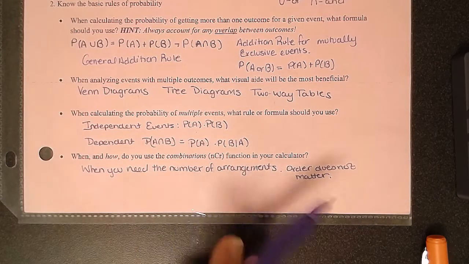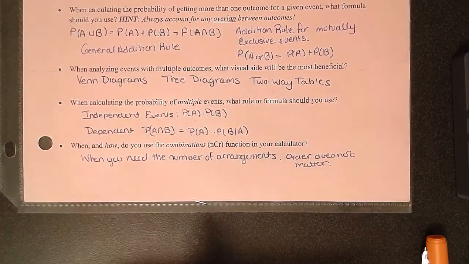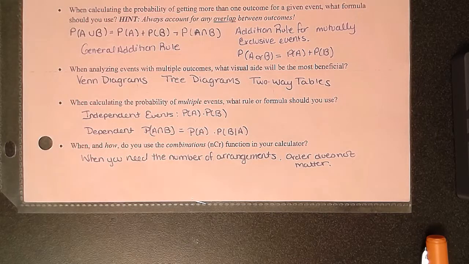Remember also that we're going to use combinations when order doesn't matter, and we're using that on our calculator. It's under probability, and I can take you through that. But we can also do a lot of that with our calculator without having to do this part. That's with binomial and geometric distribution.